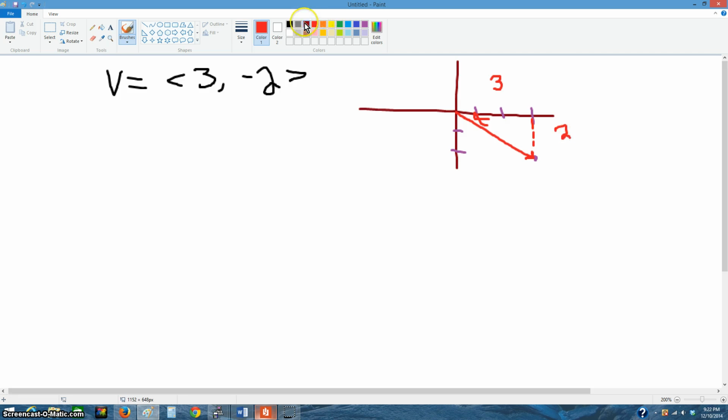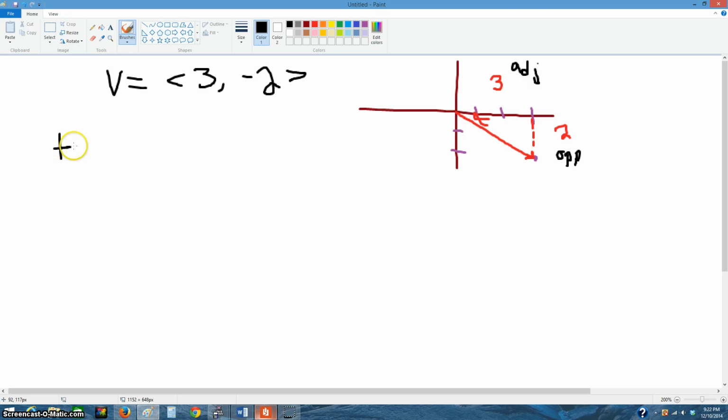Now we've had questions like these in the previous test that you just took. With respect to alpha, this is opposite, and this is adjacent. And what trig function involves opposite and adjacent? That's tangent.